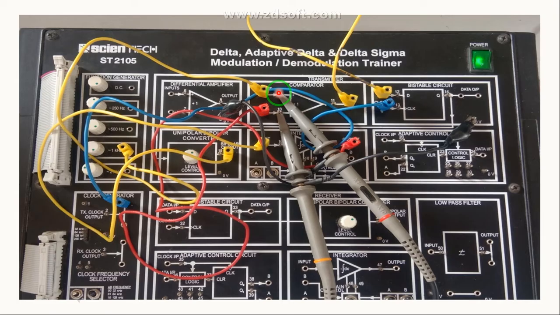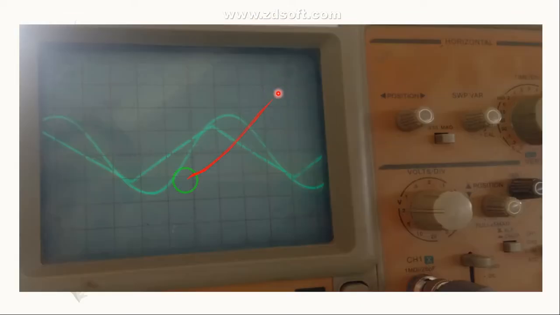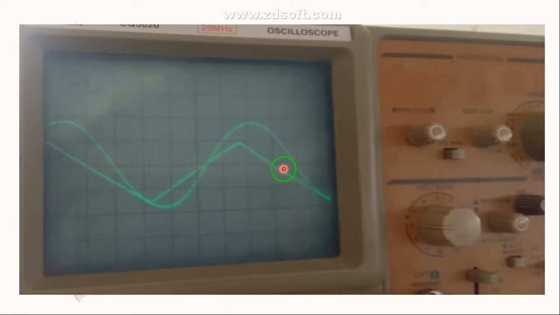So now we are going to compare the input analog wave and the integrator output. See the ramp signal, how the step size is fixed, the gain has been fixed, and how it catches your analog input signal. So this is another view.